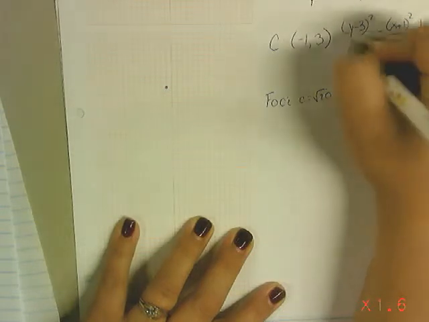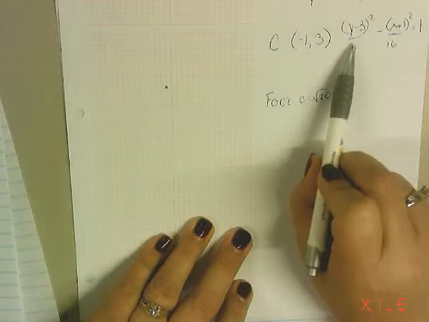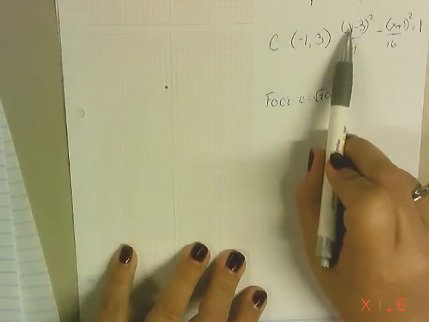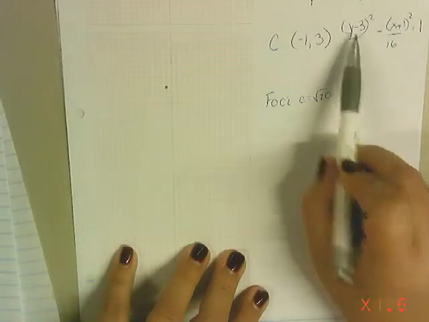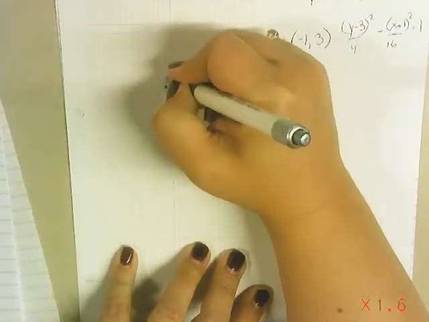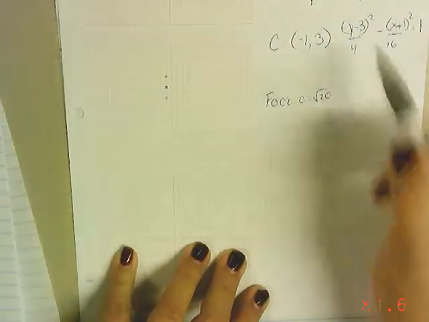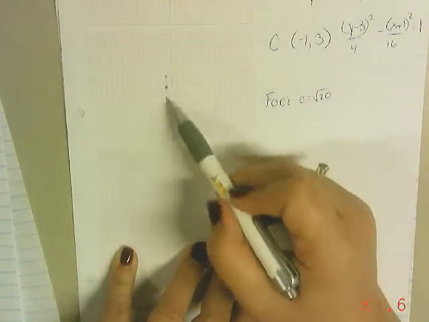Okay, so this a value, which is actually 2 because we have to take the square root of that, that's under the y. So that means we're going to move 2 spaces in the y direction. So that means we're going to go up 2 and down 2. And since we're doing a y hyperbola, those are my vertices.